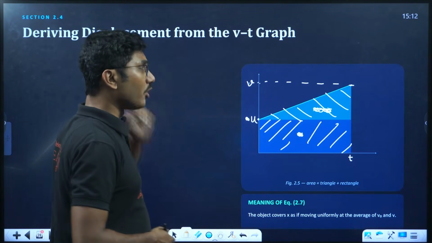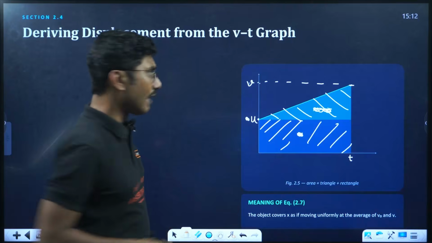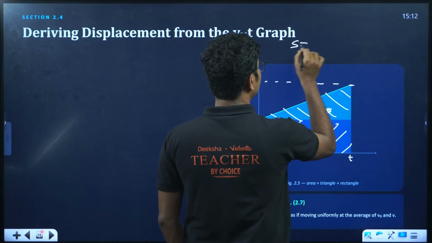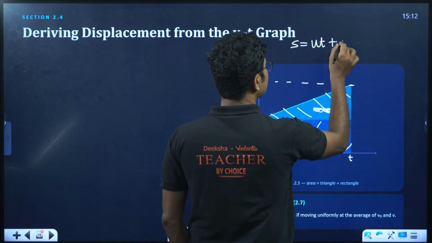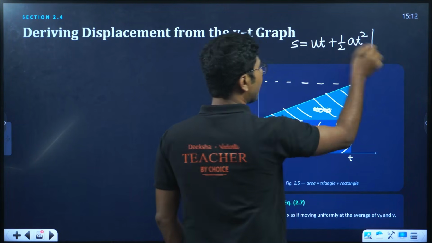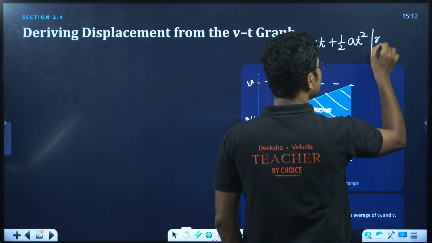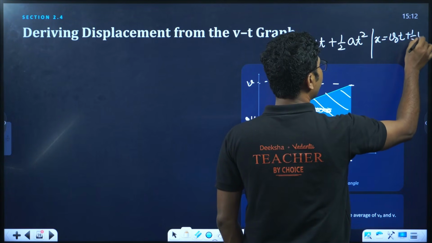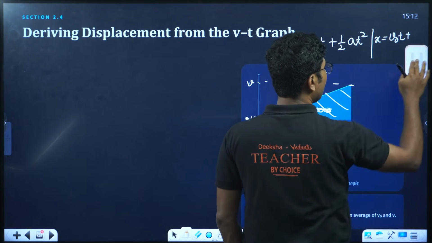Now there are two formulas we will derive from this same graph. One is s equals u t plus half a t square. This formula can alternatively be written as x equals v naught t plus half a t square.